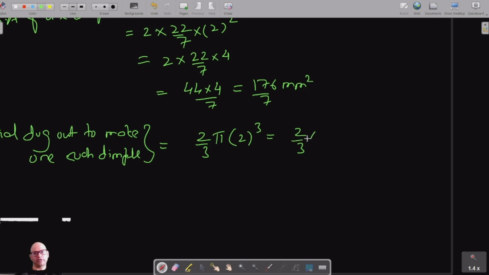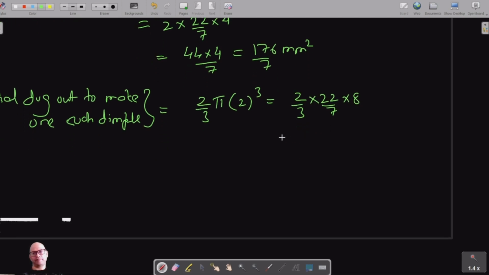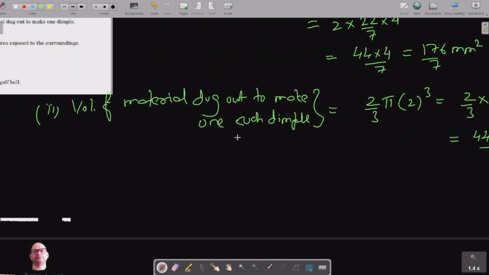So this is 2 by 3 into 22 by 7 into 8, which is 44 into 8 by 21, and this is 352 by 21 millimeter cube.